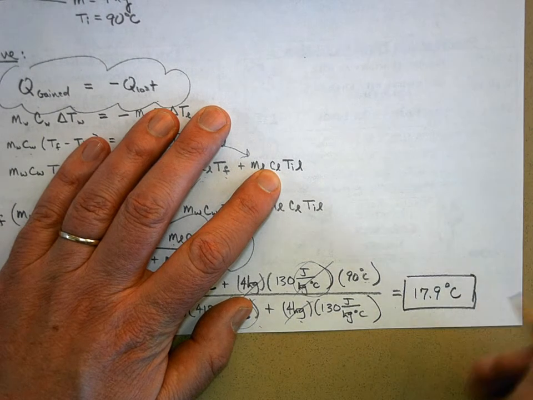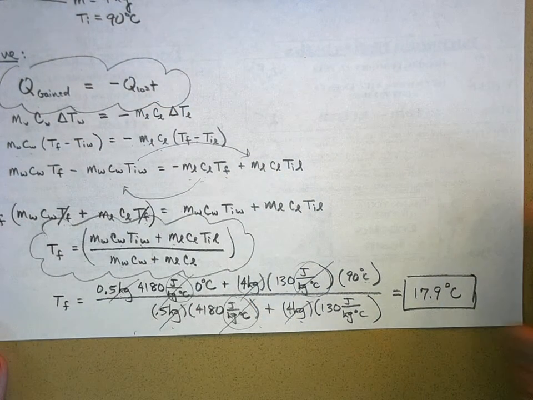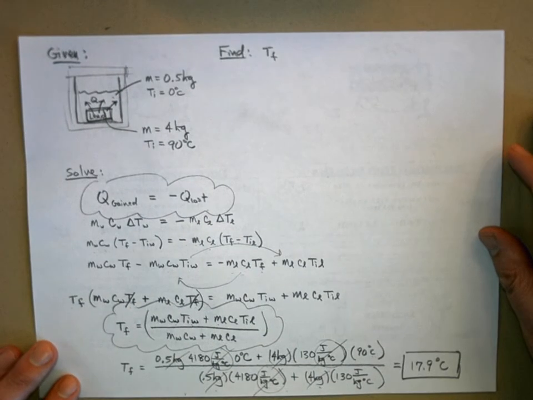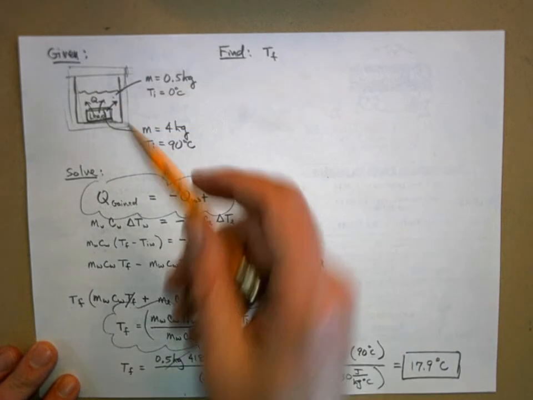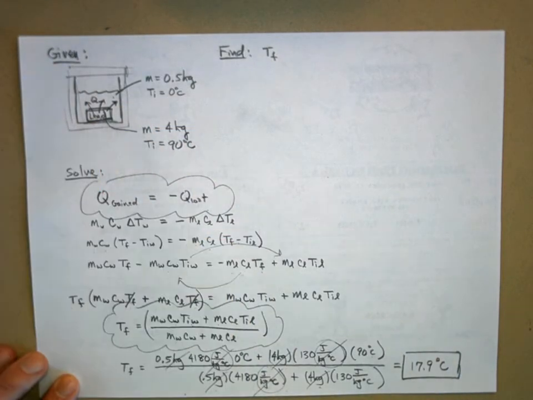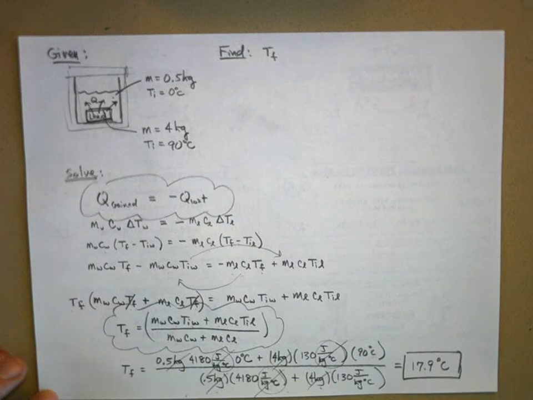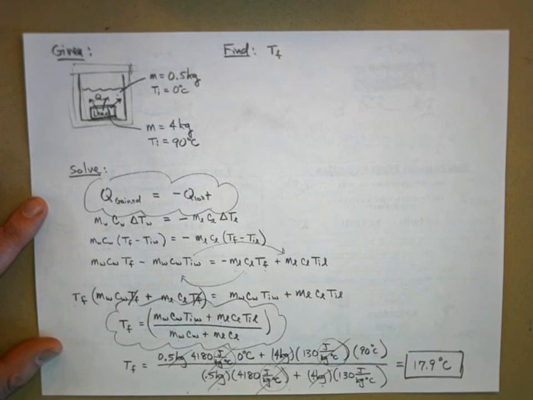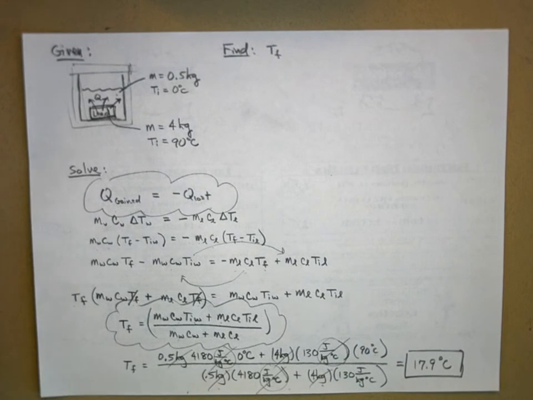This will be the thermal equilibrium temperature of this system, of this lead, that hot lead in that cold water. They'll reach 17.9 degrees Celsius, and that'll be the final temperature of both of them. And this really works. Any questions? That is all.